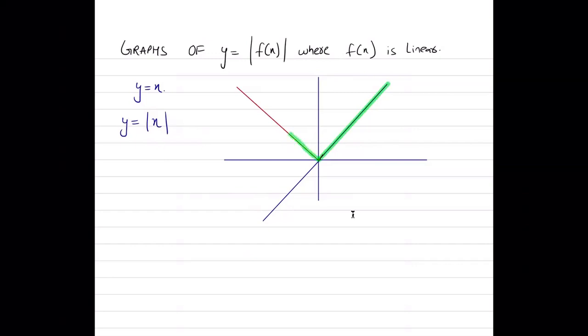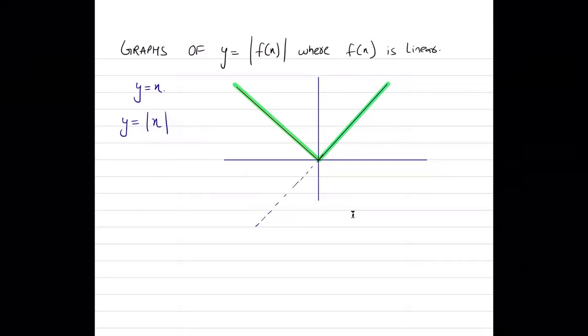However, the bottom part got reflected. So this is going to be the final graph. Okay, you can just make a dotted line over here. Okay, so this is the graph of mod of x.